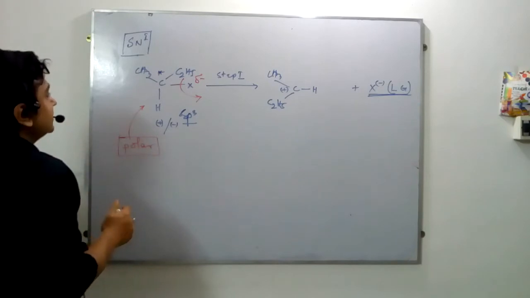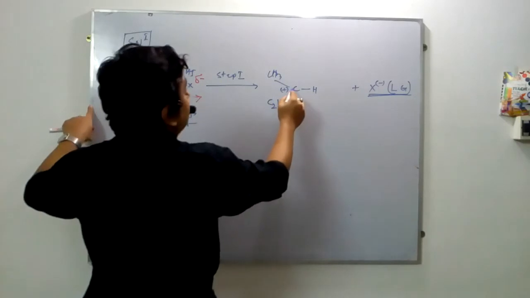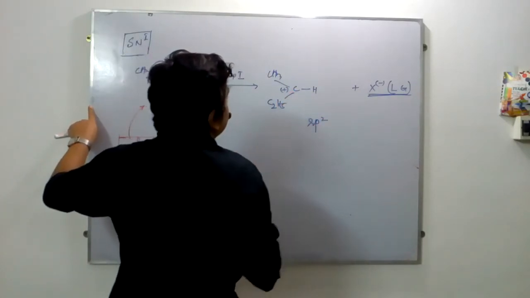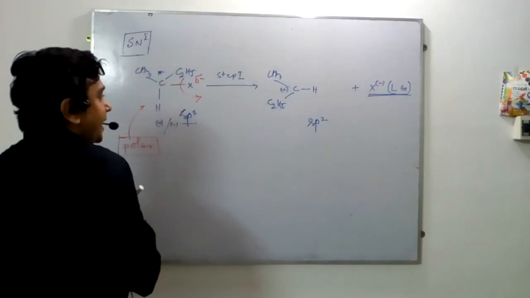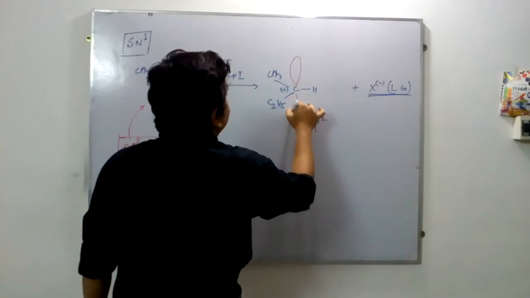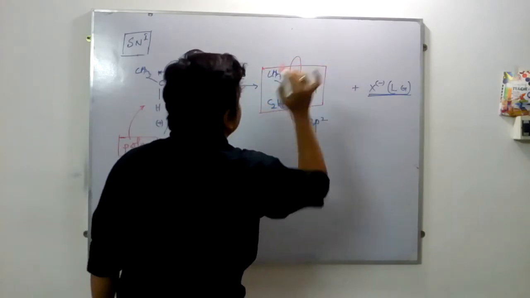Now when X minus gets out of the reaction, it leaves a carbocation and ultimately forms an sp2 planar structure, and a vacant p orbital will exist on the carbon. It's a planar structure.